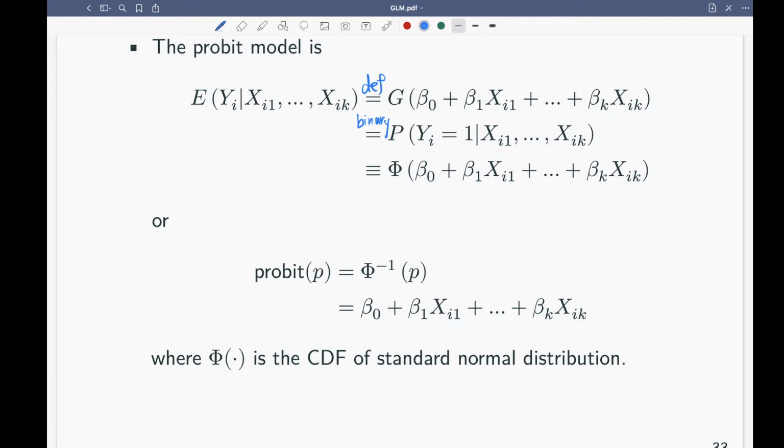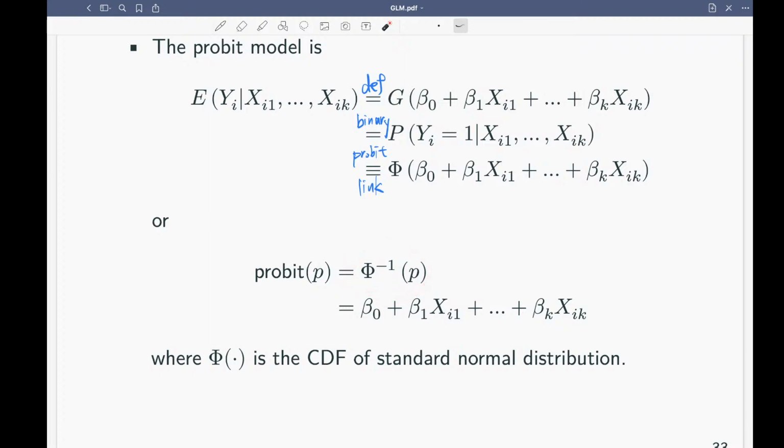We use a Probit link. Some textbooks use this term, so they are the same. But you should note that here you should use the inverse function, inverse CDF, because it's a Probit link inverse.